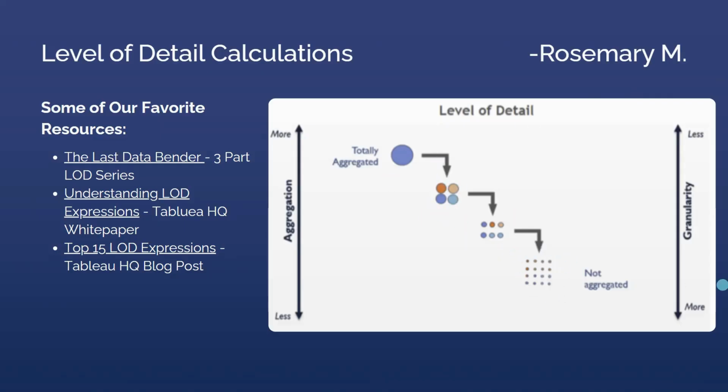So if we just pull out sales or we just pull out GDP, that's totally aggregated. It's taking every single row in our entire data source and aggregating it up to one number. And as we add those dimensions, whether it be region or year or state, that breaks that number down into smaller pieces and makes it less and less aggregated, or more and more granular.